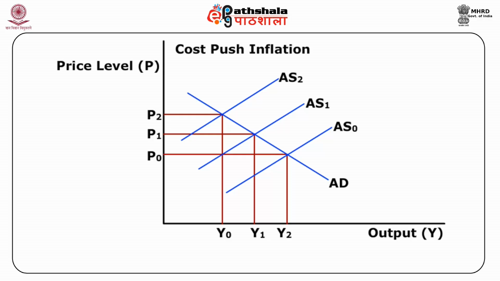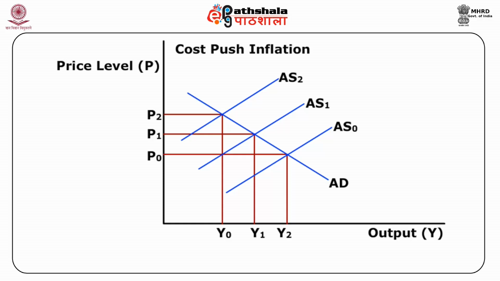In figure 2, due to the adverse shock, AS continuously shifts upwards as any given level of output is now produced at a higher price. The price level increases from P0 to P1 and subsequently to P2, resulting in inflation.